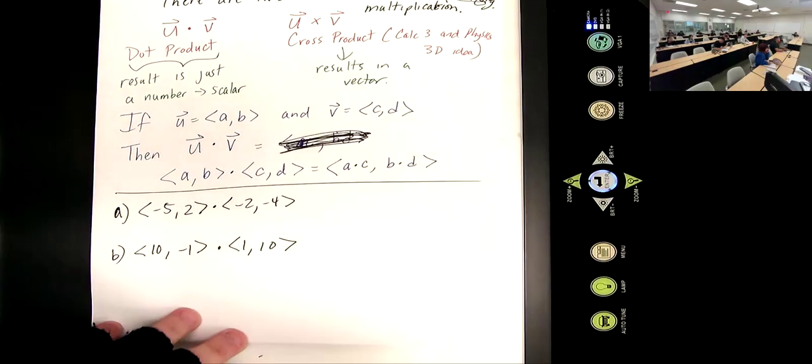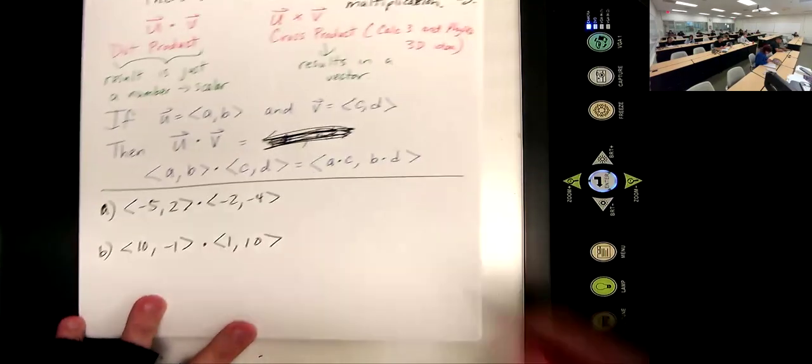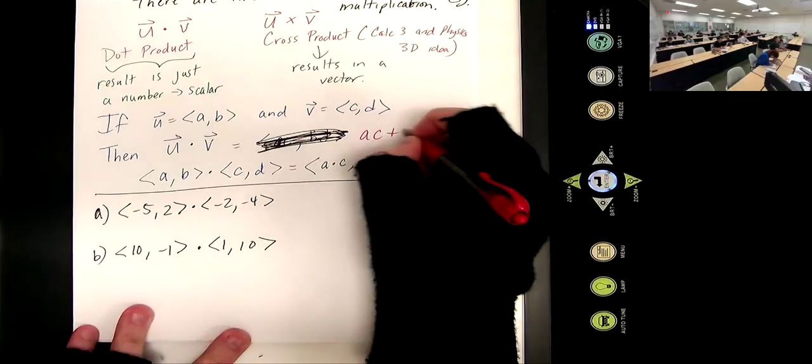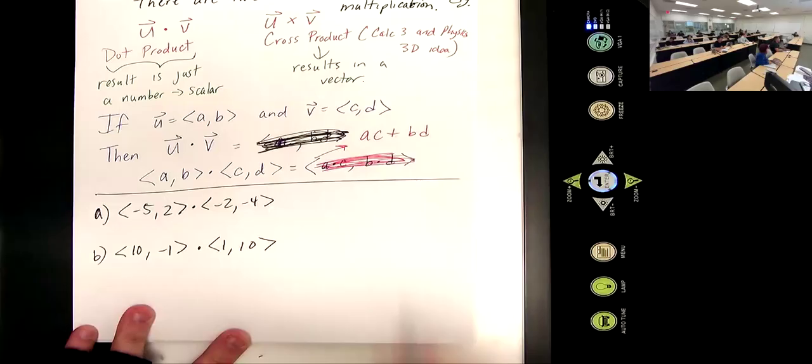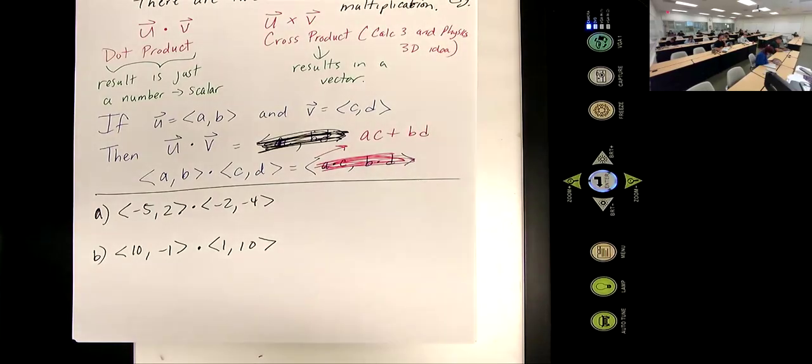That's completely wrong. It is AC and BD, it's AC plus BD. Amateur hour. I even made sure to point out it's just a number and then I write the vector.